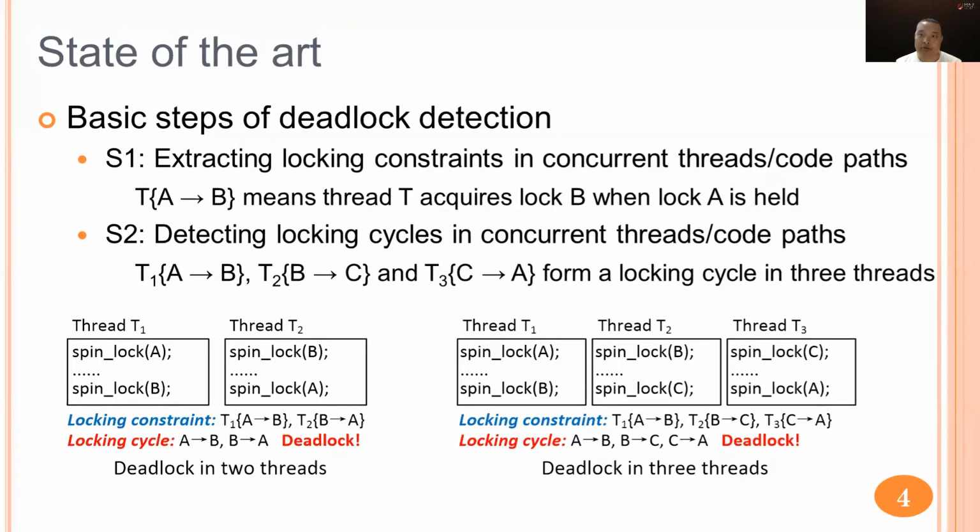Second, we need to detect locking cycles according to the extracted locking constraints in concurrent threads or code paths. A deadlock can occur in two threads, namely ABBA deadlock, or three threads, namely ABBCCA deadlock, and so on.